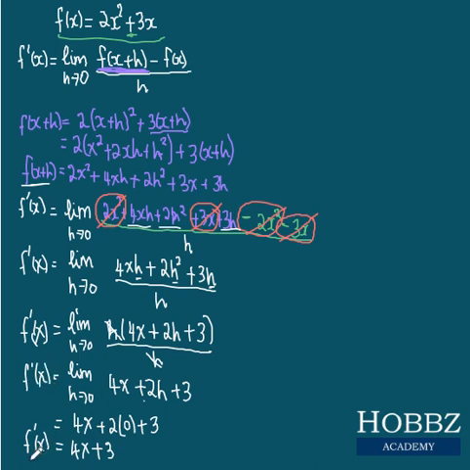So the answer using first principle: when you derive the function 2x squared plus 3x using the first principle, this is the answer you get. Or perhaps you will get the same answer depending on which method you're using, but using the first principle, this is how you solve it.